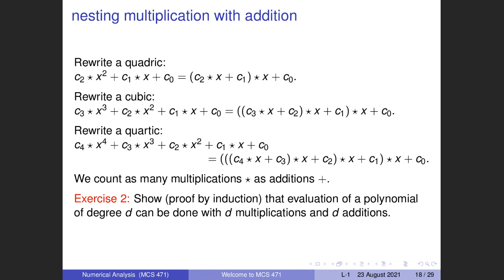In the correct way, starting at the highest coefficients. Count the number of stars and the number of pluses: you have as many stars, as many multiplications, as you have pluses, as you have additions. And that's actually the main statement. The multiplications and the additions.